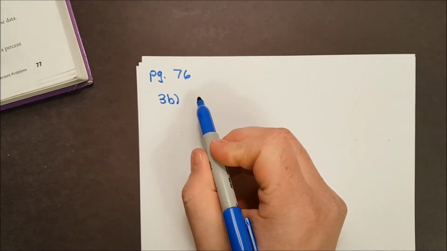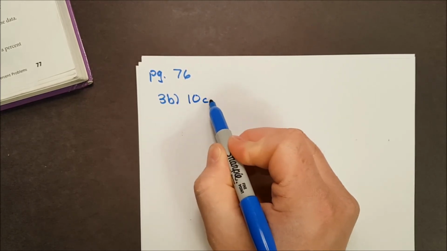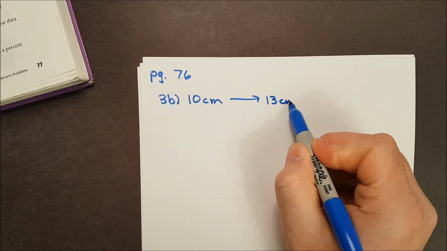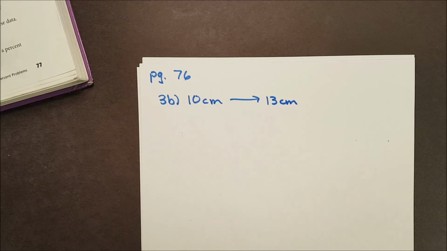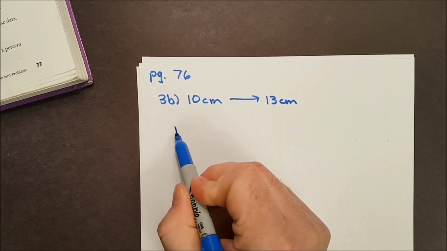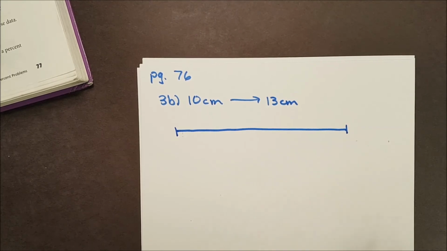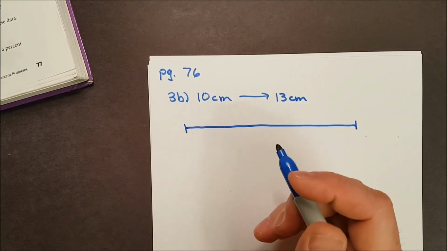So let's see here. What does the question ask us? It says an elastic was stretched from 10 centimeters to 13 centimeters. Write each increase as a percent and illustrate each answer with a number line. Love number lines, love illustrations. It really helps my thinking. Never hesitate to use diagrams or illustrations.